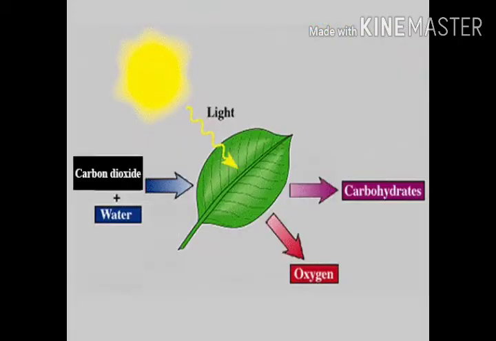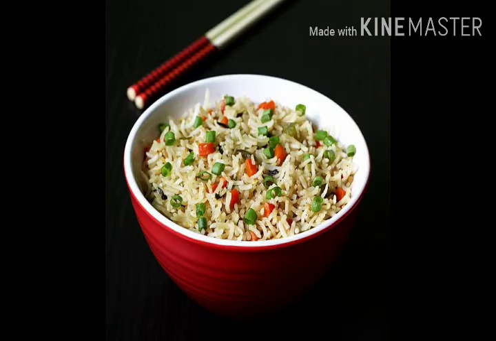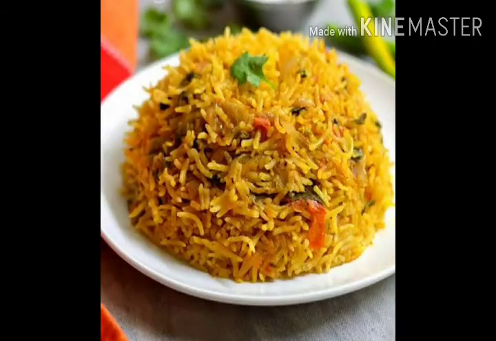The leaves of the plants play the role of the kitchen, where plants make their food. So, leaves are called the food factory of the plants. Which food do plants prepare? Is it fried rice or chicken biryani?